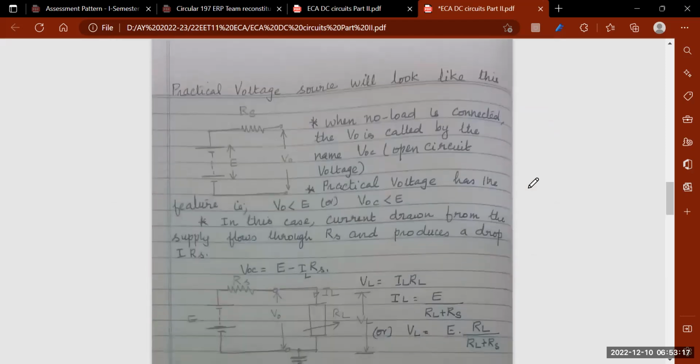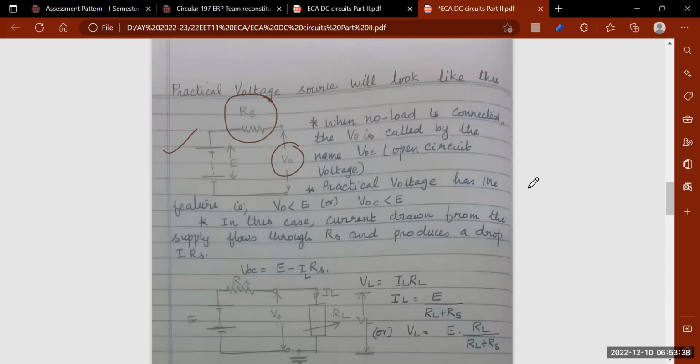Now coming to the practical voltage source, it will look like this. There is an internal resistance Rs, and this will create an internal drop. When no load is connected, V0 is called VOC.